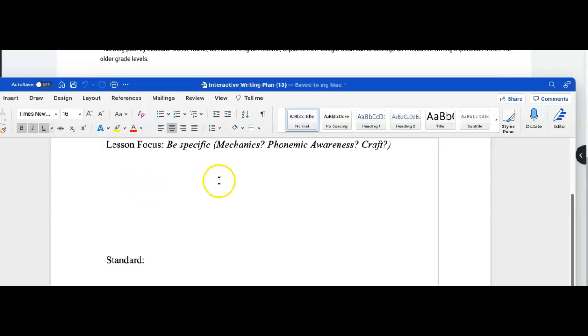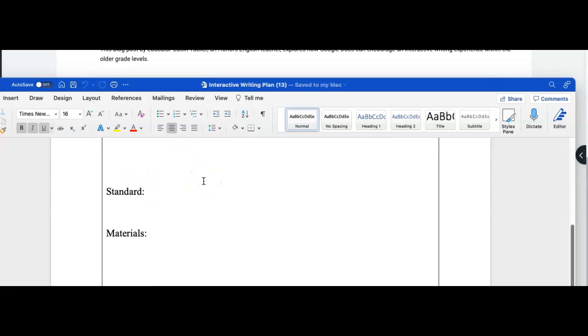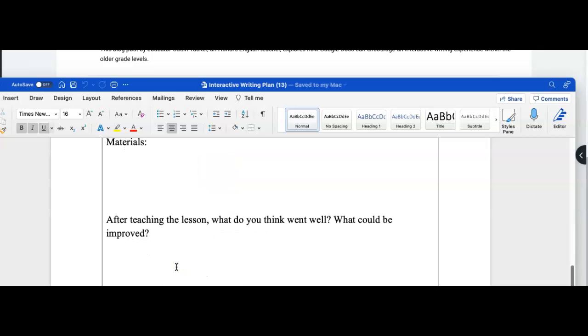What are you going to work on in this lesson? What standard from the Ohio Learning Standards fits this? What materials will you need? After you teach the lesson, what do you think went well? And what could be improved?